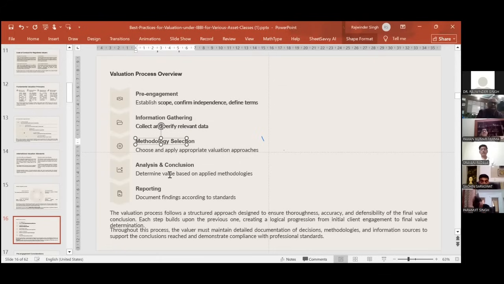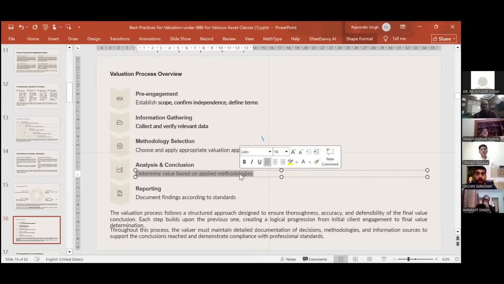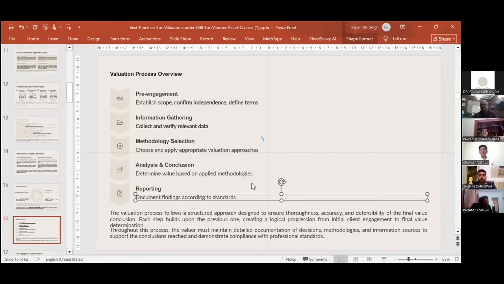Once you choose the requisite method, you determine the value based upon applied methodologies and make your conclusion based upon the analysis you have done of the collected data. And once you have done all these things, you have to provide the valuation in the report format. So you have to document findings according to the standards.